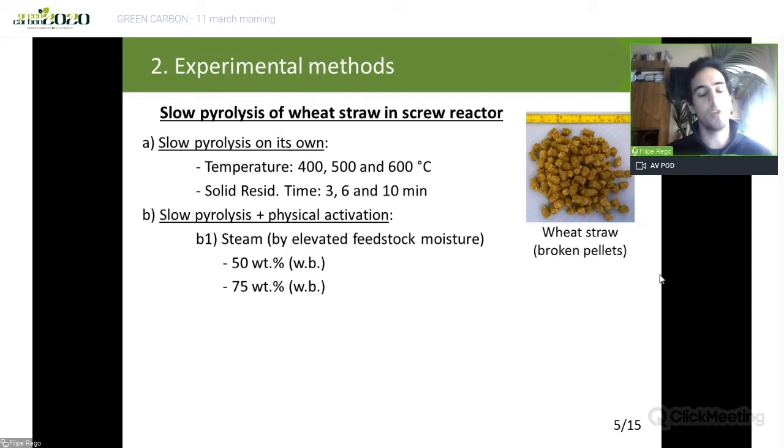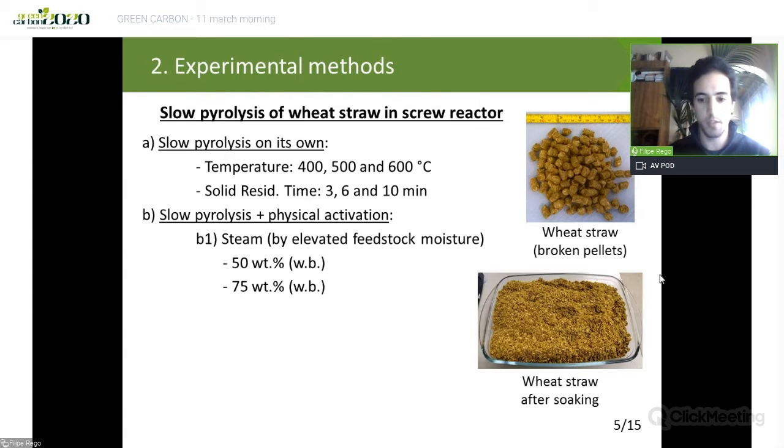Then I tried to implement modifications similar to activation in one step, but more mild, to make the process more sustainable and probably more cost-effective. So instead of injecting steam in physical activation, I artificially raised the feedstock moisture content to 50 and 75% using different ratios between water and the feedstock.